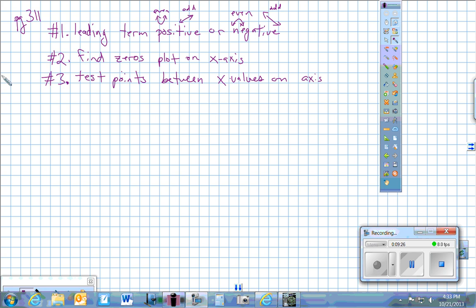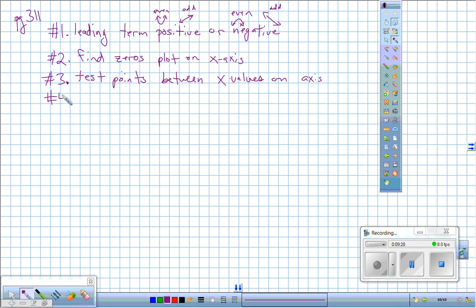And then my number 4 step is to find f of 0. And that will be basically just finding what I've been calling your y-intercept. And that will give you what your y-intercept is. So if I have just a constant term, if I have something that's already factored out for us, I will actually have to plug in 0.